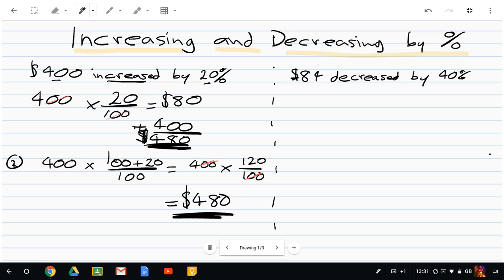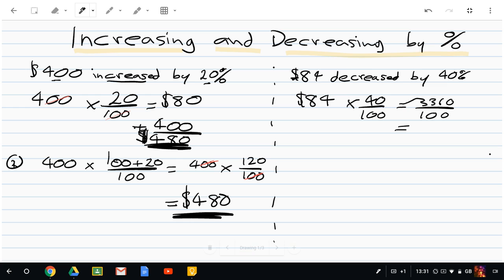So a similar thing happens when we decrease something by 40%. So let's see what 40% of $84 is. So 84 times 40 over 100 equals 84 times 40 equals 3360 over 100.